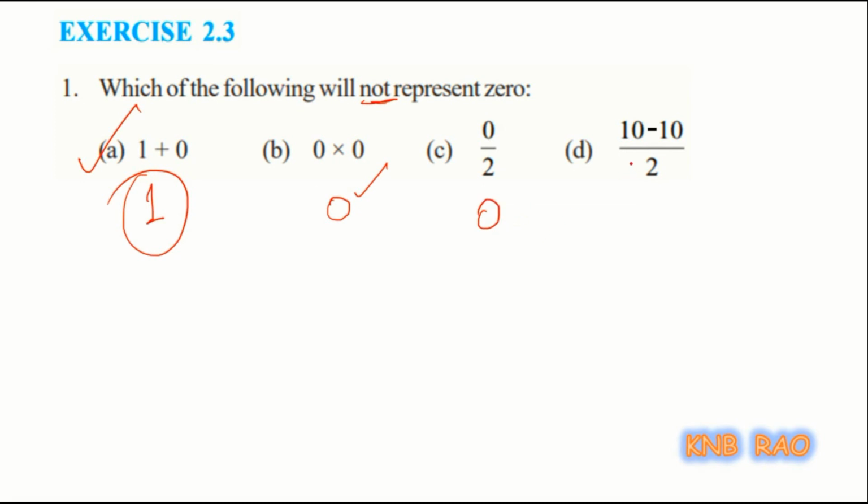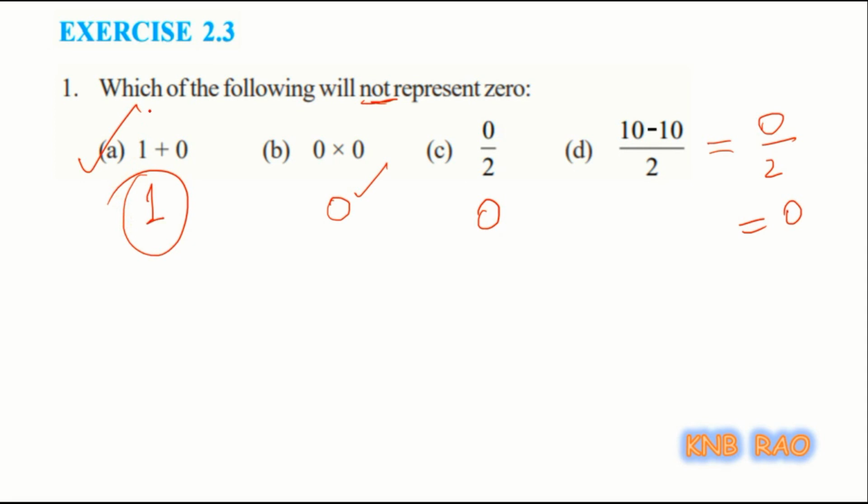Next, in the case of D, 10 minus 10 becomes 0. 0 by 2, already seen, is 0. So amongst these, A alone is not giving 0.